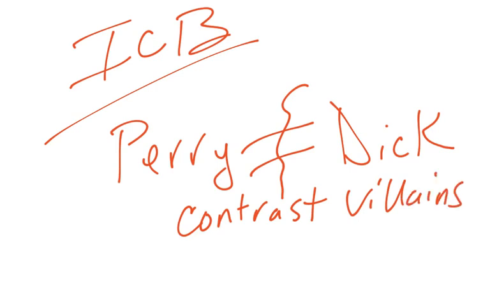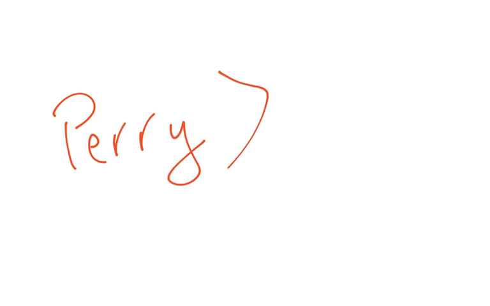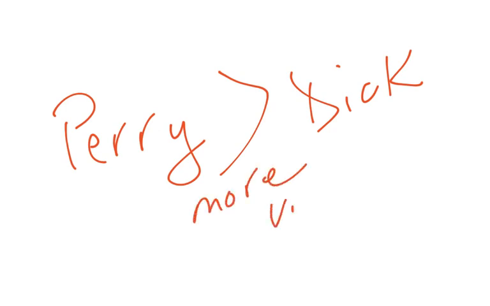They have different aspects of villainy to them. Or we could say, if we're running a degree argument, we can say that Perry is more villainous or more evil than Dick.